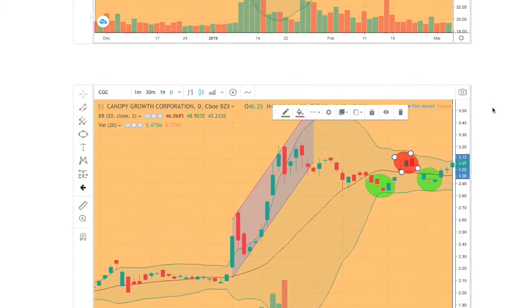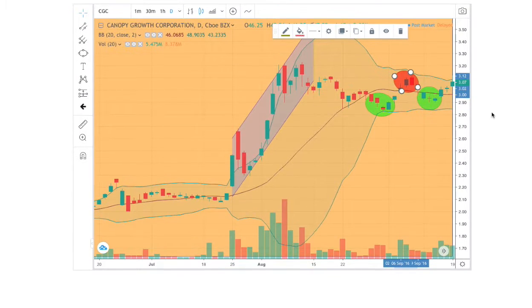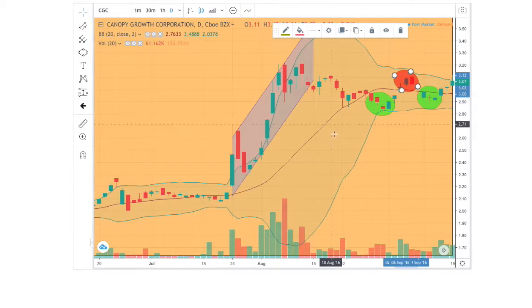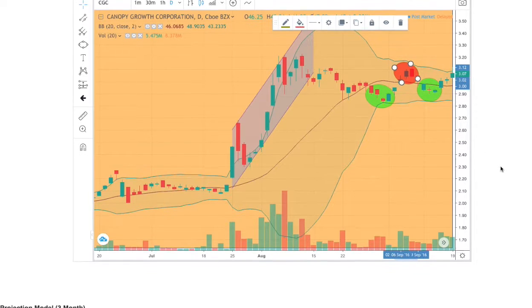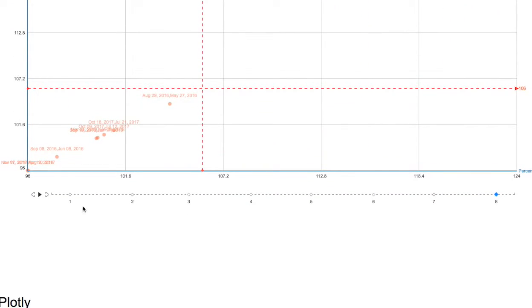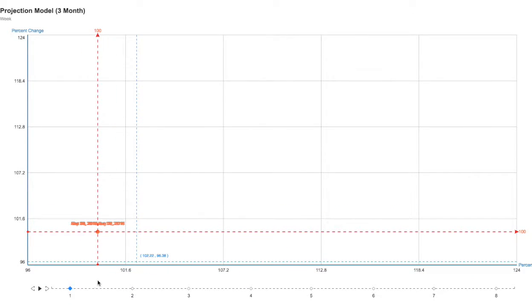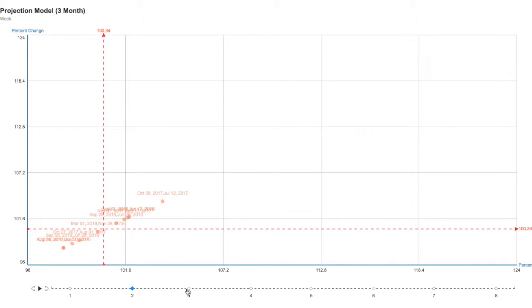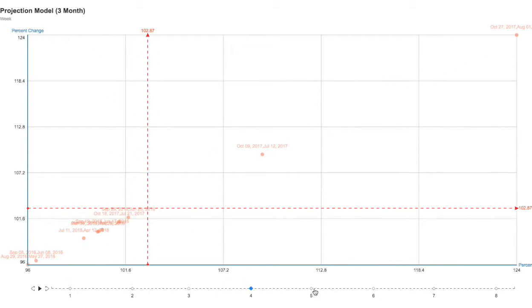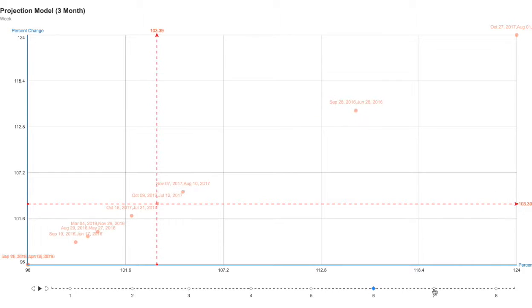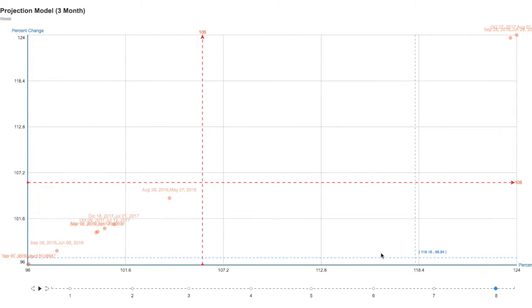So take this with a grain of salt, but let's see where this trend will head to in the coming days. And this trend, let's start with day one. The projection model projects in 1 day, 2 days, 3 days, 4 days, 5 days, 6 days, and 7 days.